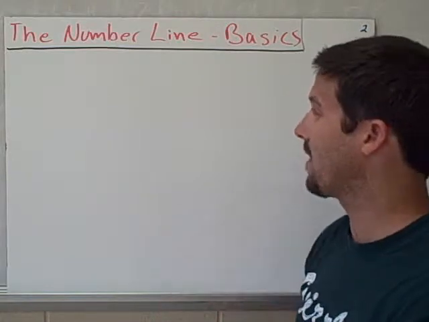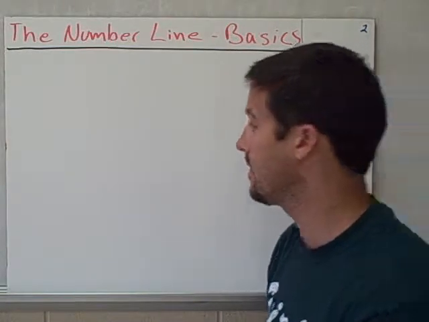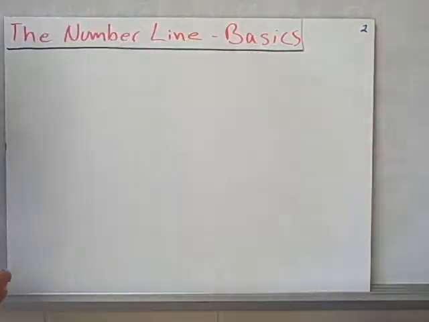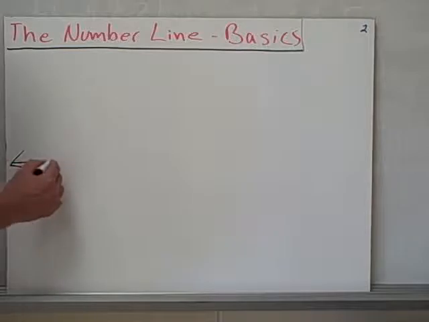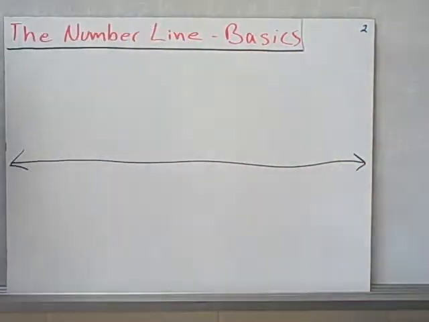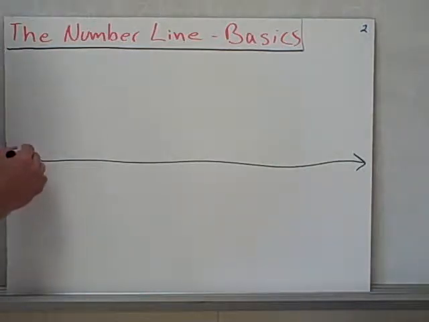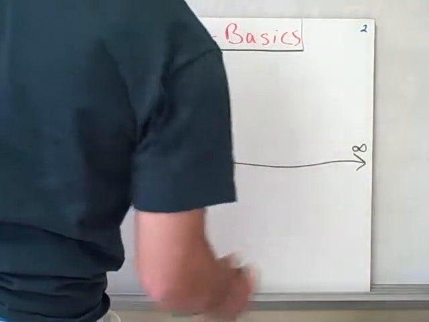Actually, I left it blank for a reason, because I wanted to show you how easy it is to make. Look, the number line really is a line that goes forever in each direction to infinity. In fact, if we wanted to write down the sign for infinity, we could just do that little kind of figure 8 thing, and we have infinity.